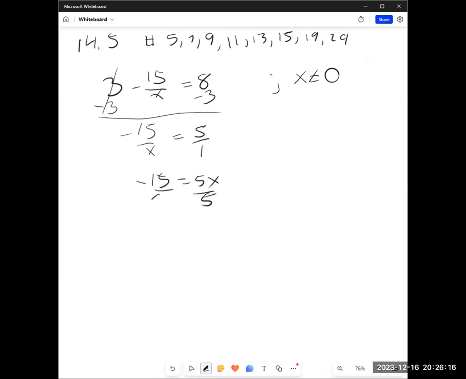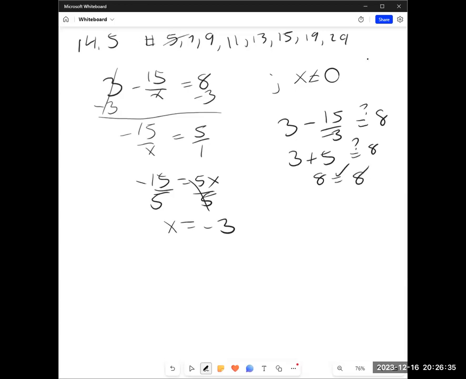I'm going to divide by 5. x equals negative 3. Let's check our answer. 3 minus 15 over negative 3, is that equal to 8? 3 plus 5, is that 8? 8 is equal to 8. So yes, x equals negative 3 is our solution.